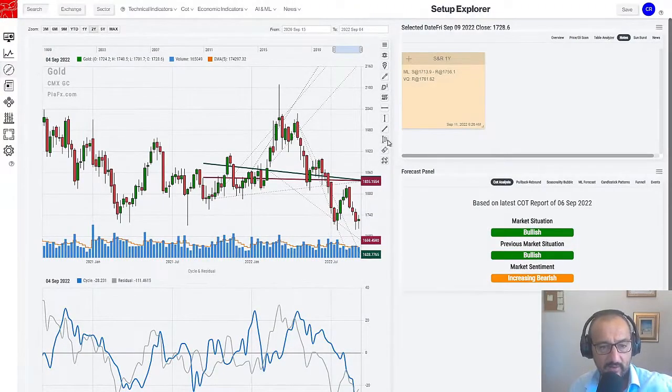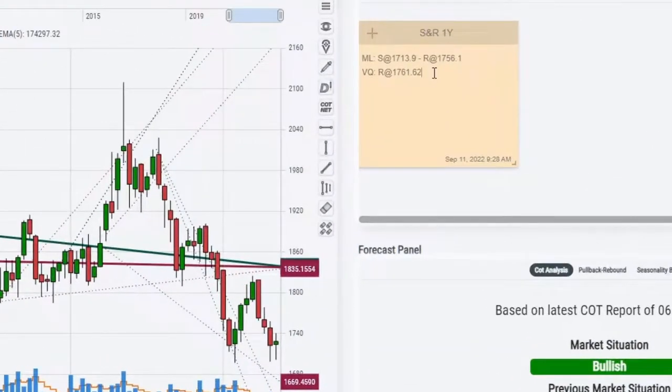Okay, so here we are, and what I'm going to write is with the AI extension. We have our support, which is wider than the previous one.